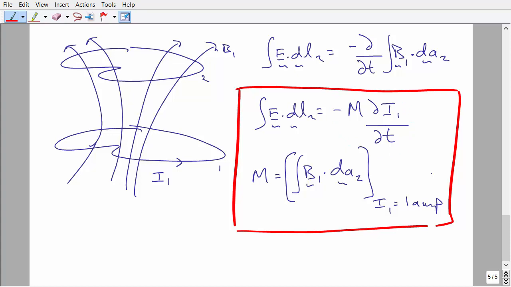And furthermore, if we compare this equation to this equation, straight away we find that M must be the integral of B1 dot dA2, so the magnetic field produced by wire 1, dotted into dA2 and integrated across this area. This quantity is called the mutual inductance, and often it's given a couple of subscripts, M1,2, meaning the mutual inductance of coils 1 and 2.